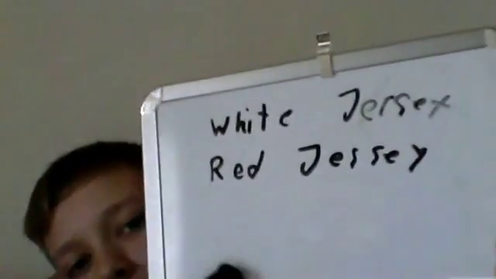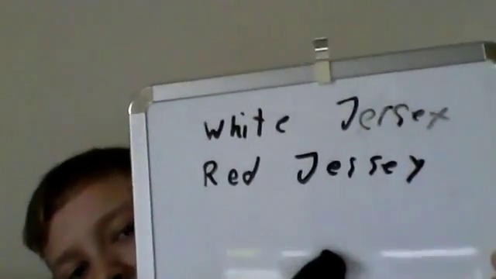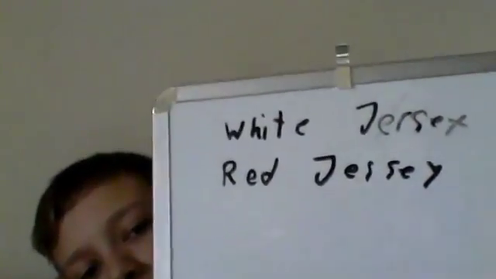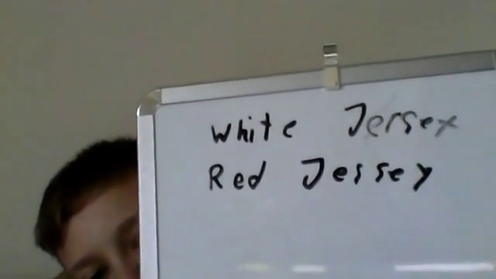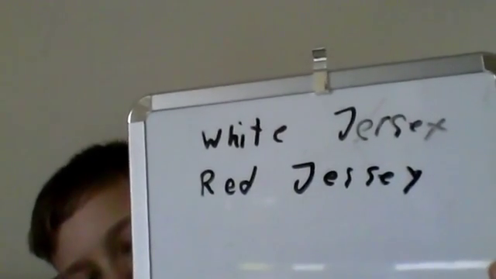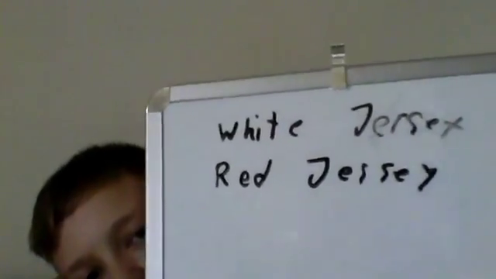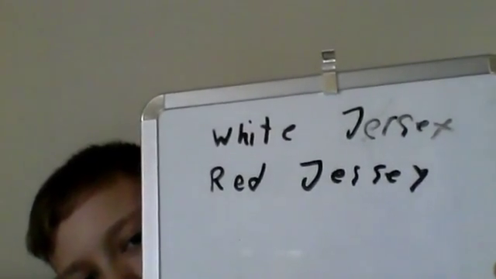Yeah, the first group is red jersey and the second one is white jersey. Oh, so they're just different colors? Yeah, and they're also the same thing. I see. I'm going to try to make a harder one. Okay.